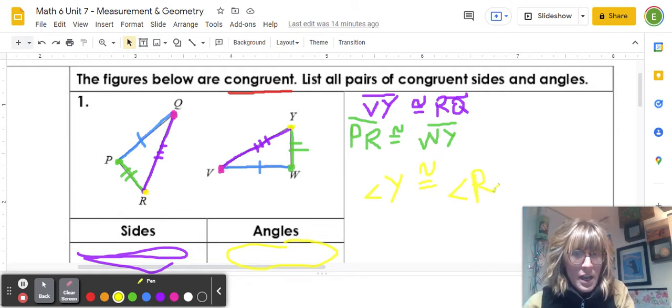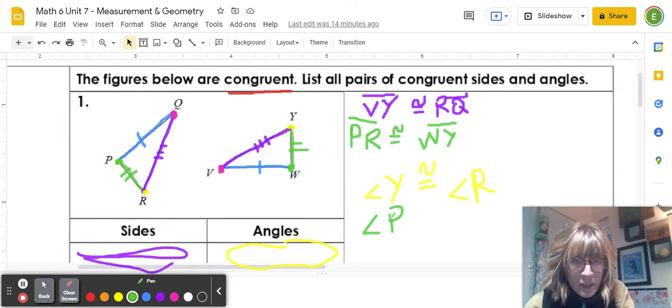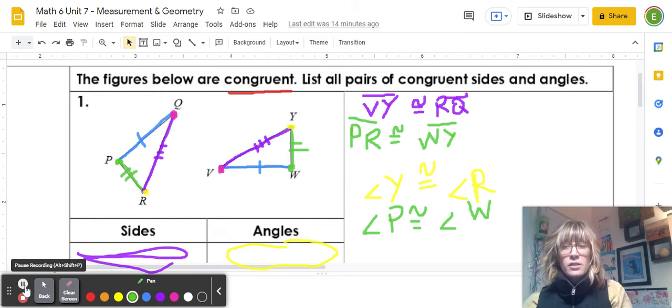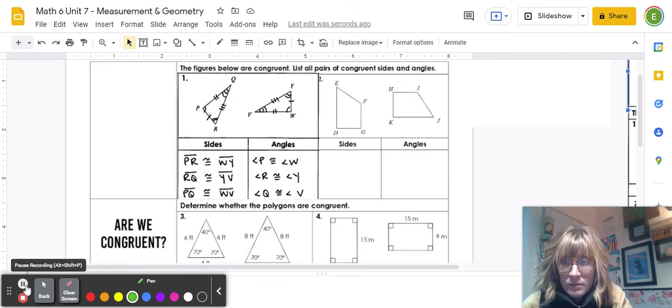You can do that same thing for all of them. Angle P is congruent to angle W, the other green one. And the same is true for that final one, those pink dots: angle Q is equivalent to angle V.